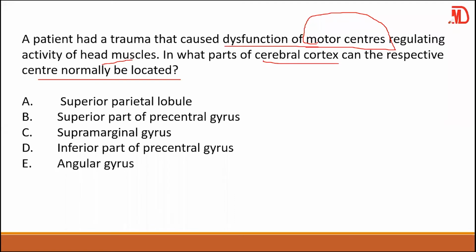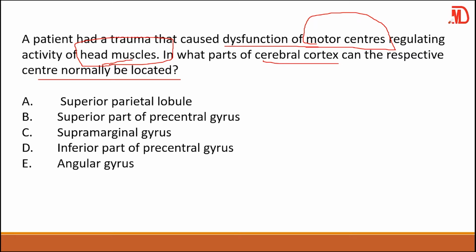And the upper part of the body, which is the head muscles, is represented by the lower or the inferior surface. So over here, since we are talking about the head muscles, that means we are referring to the lower or the inferior surface.